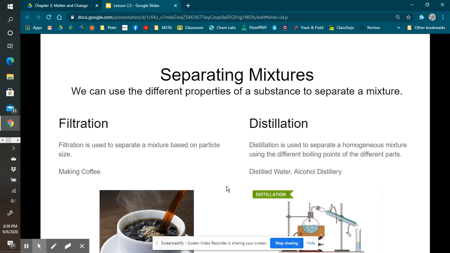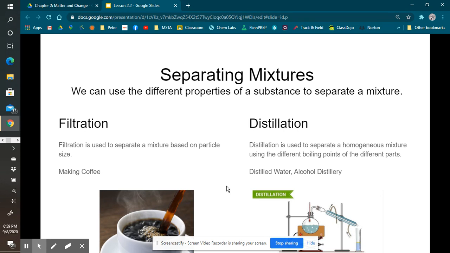Another example of this would be if you're making pasta. You cook the pasta and then you want to strain it. You filter the pasta out of the water by simply pouring it into a strainer or a colander. The water will fall through and the pasta won't. It's got holes that are small enough to stop the pasta. Now, you couldn't use a strainer or a colander to make coffee because the holes are too big. So you have to be really careful when you choose how you're going to filter something, based on the size of the particles that you want to filter out.